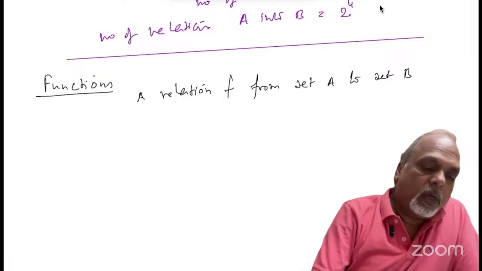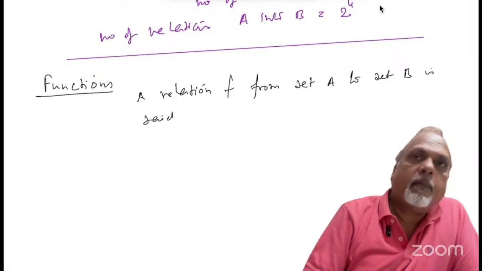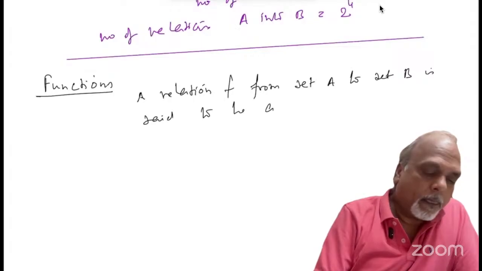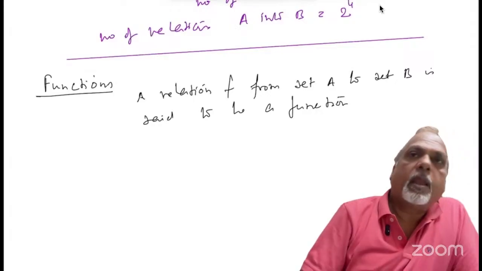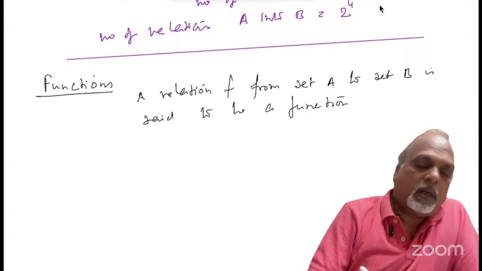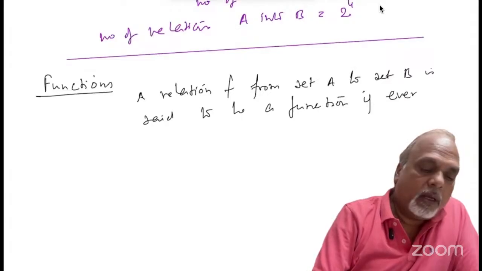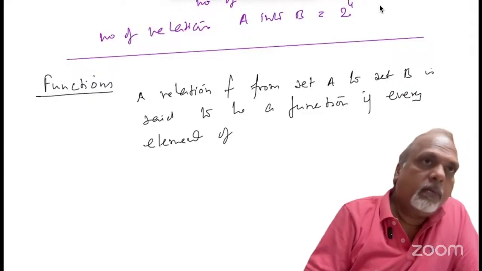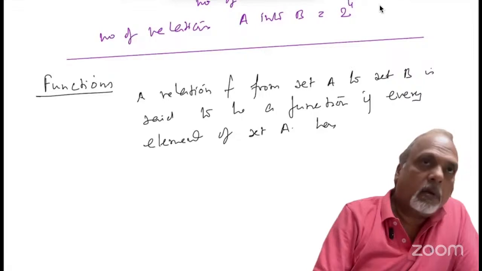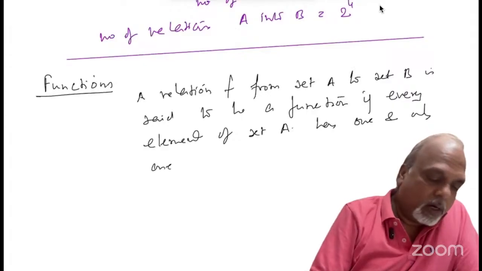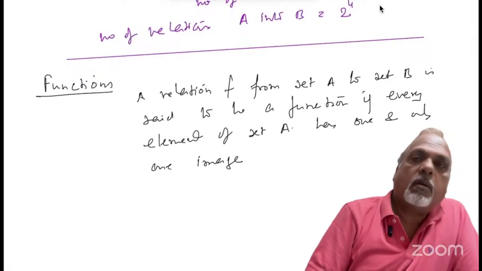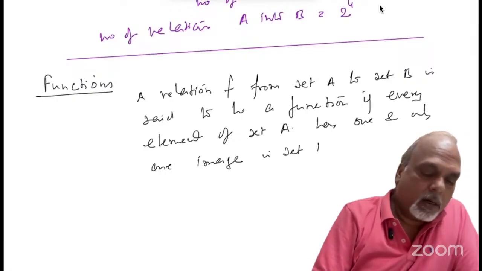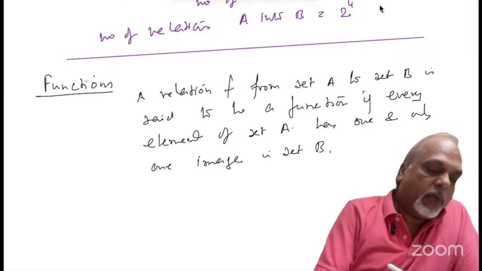This relation f is said to be a function if, now remember, if every element of set A has one and only one image in set B. This is a very important definition.